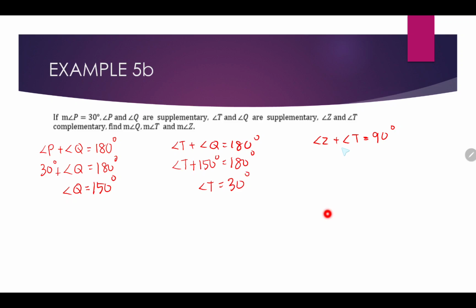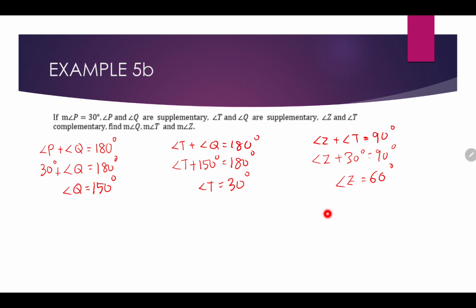And also angle T kita dah dapat tadi. So angle Z plus 30 degrees equals 90. So meaning that angle Z equals 60 degrees. Okay, that's the full answer, the full working solution for example 5B.